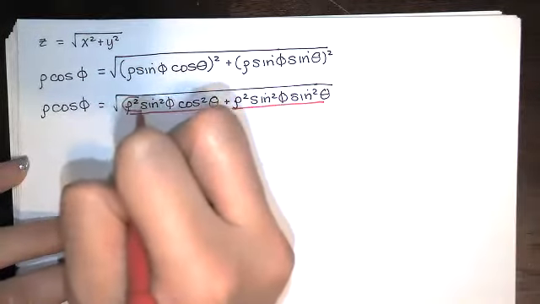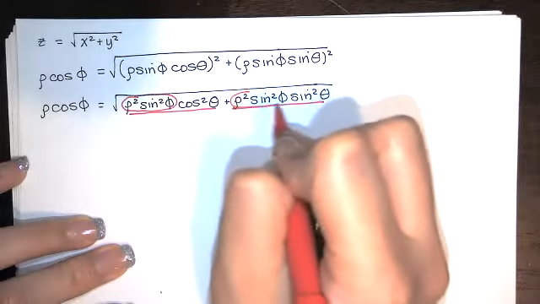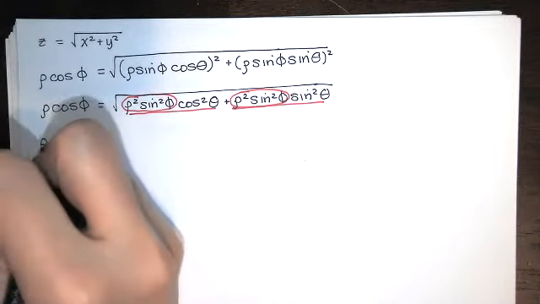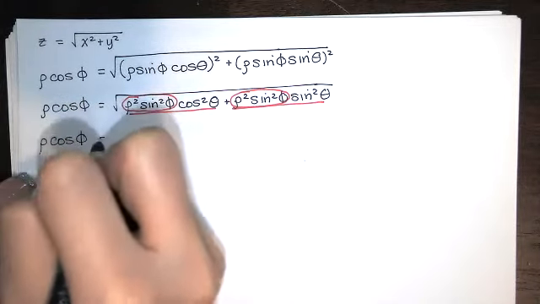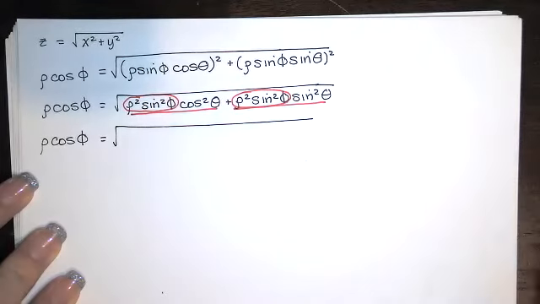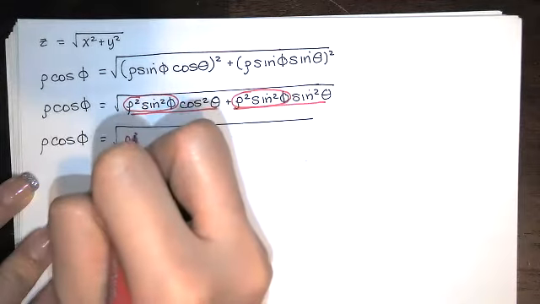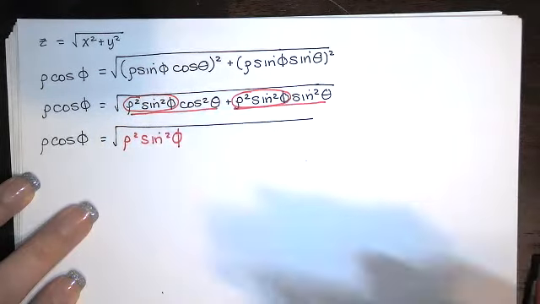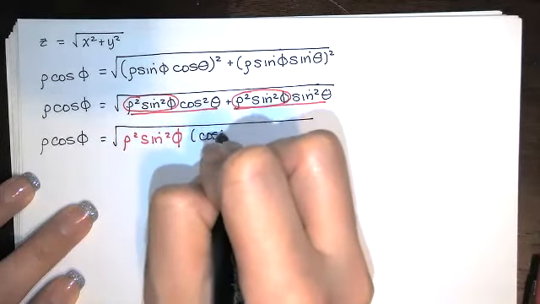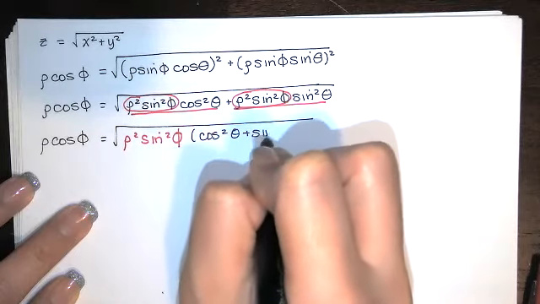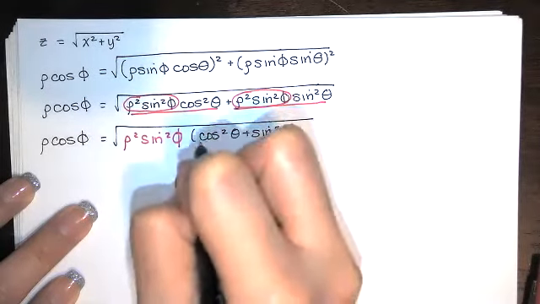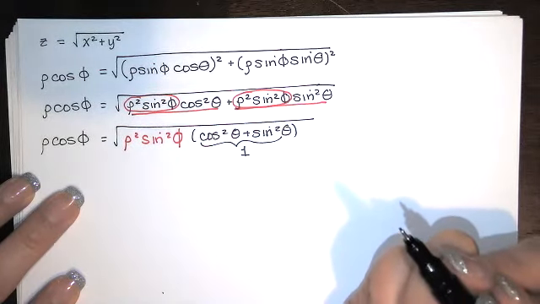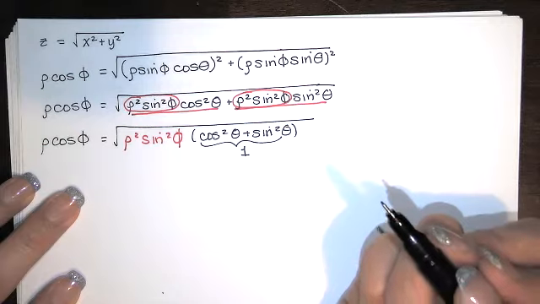I hope you said rho squared sine squared phi. If you did, you were right. So we'll factor that out. And then we're left with cosine squared theta plus sine squared theta. Hey, there's one of our favorite Pythagorean identities. It simplifies quite nicely. It's gone. Just a 1. Isn't that nice?